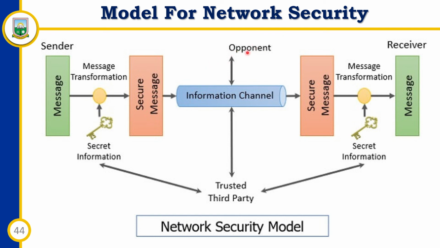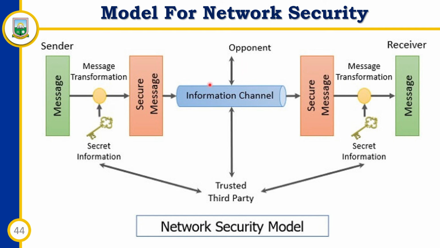Here's an opponent. We want to send something, so we need to consider a security aspect, because we might have an opponent here who may present a threat to confidentiality, authenticity, and integrity.